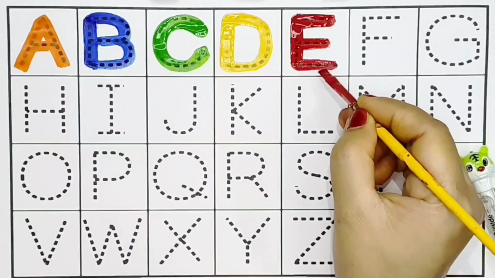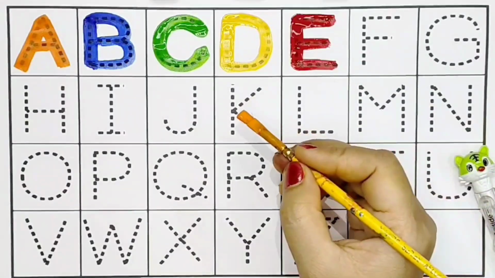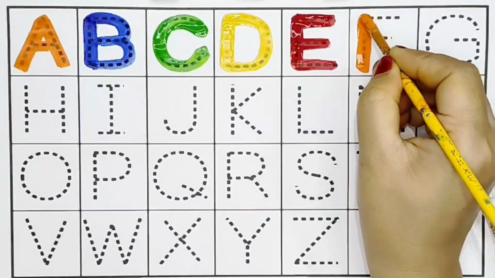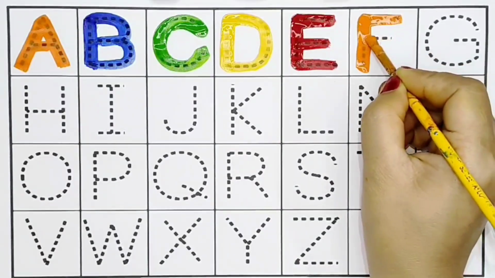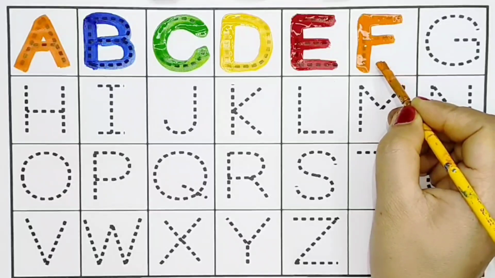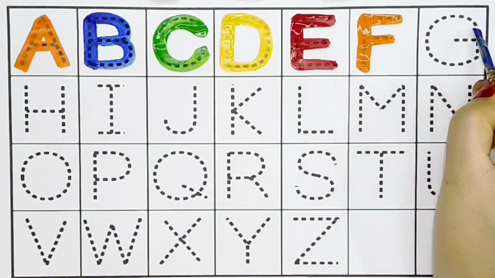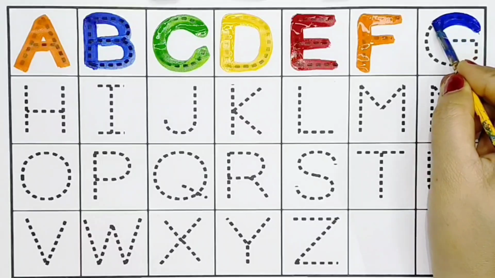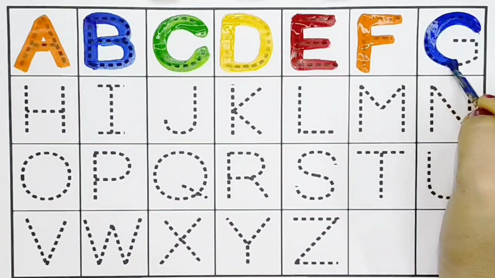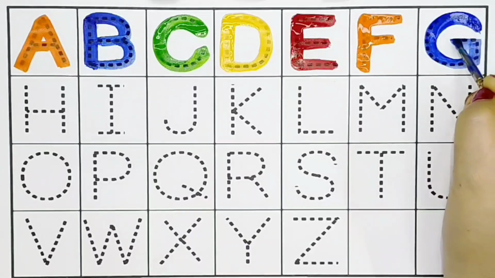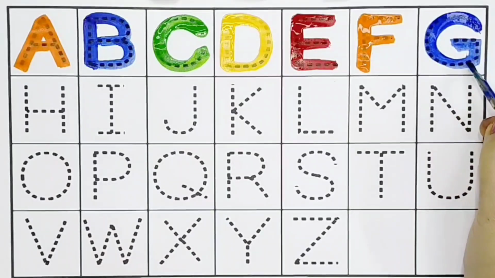E for egg. Yellow color. F for frog. Blue color. G for grapes.